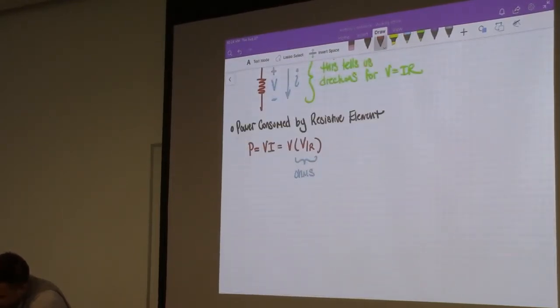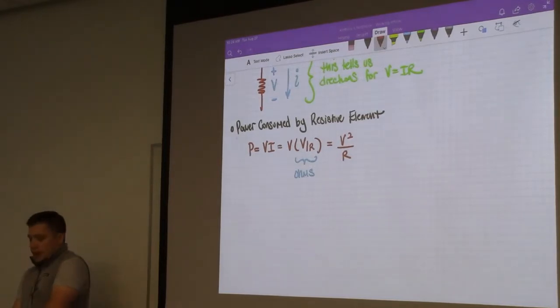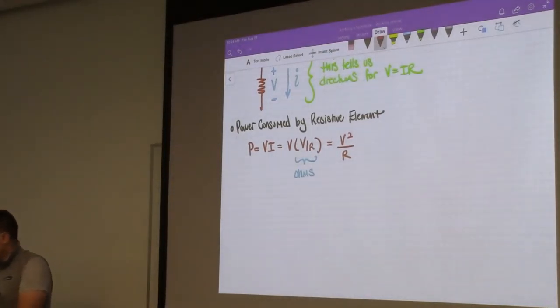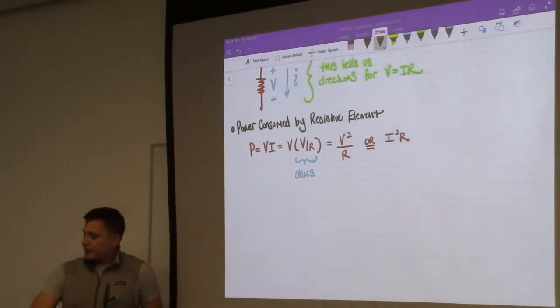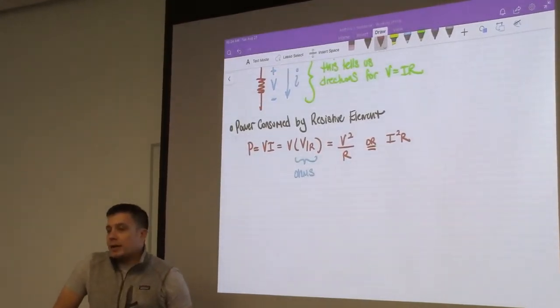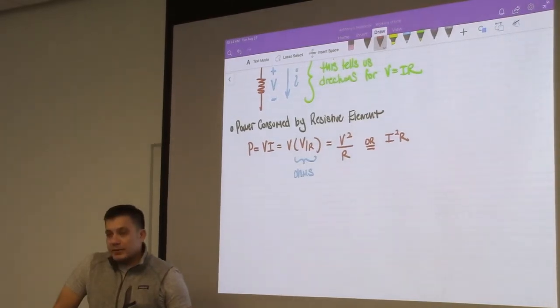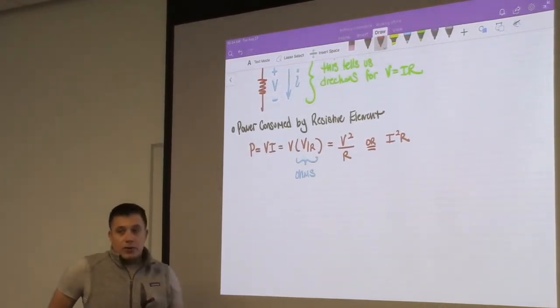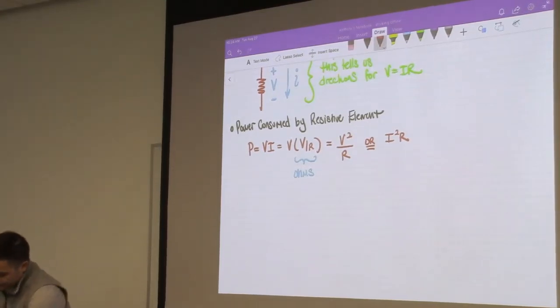And that gives us a different form, which is V squared divided by R. If we do another substitution, we also get I squared R. So if you want to calculate the power being consumed by a resistive element, you can use either V squared over R or I squared R.